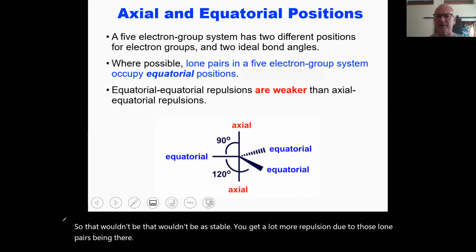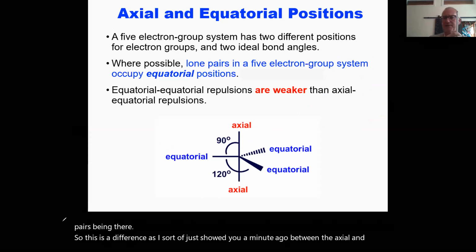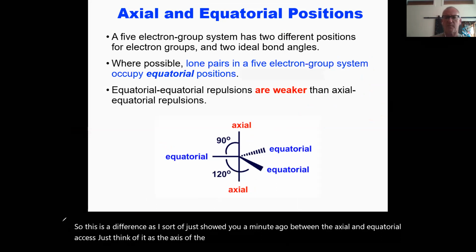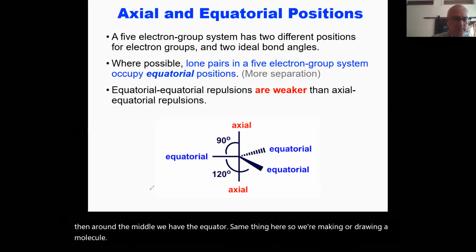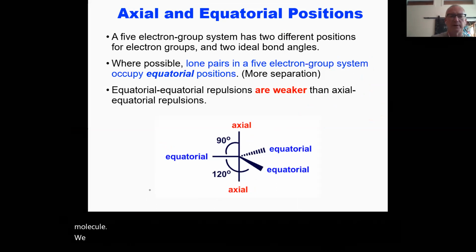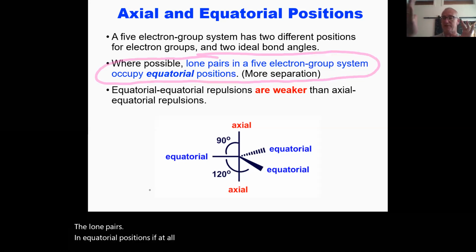So these are the difference, as I just showed you a minute ago, between the axial and equatorial. Axis, just think of it as the axis of the Earth, North Pole and South Pole. We got the axis. And then around the middle, we have the equator. Same thing here. So when we're drawing a molecule, we try and put the lone pairs in equatorial positions, if at all possible, because that separates them from each other as much as possible.